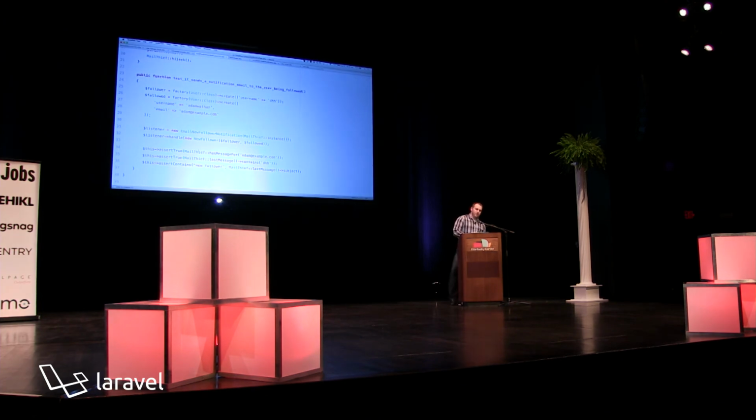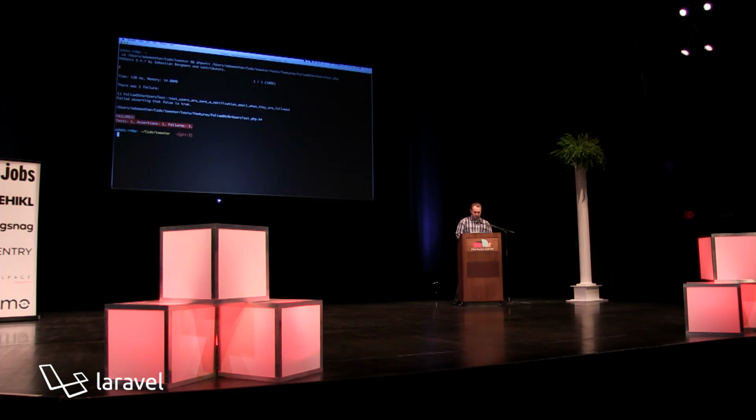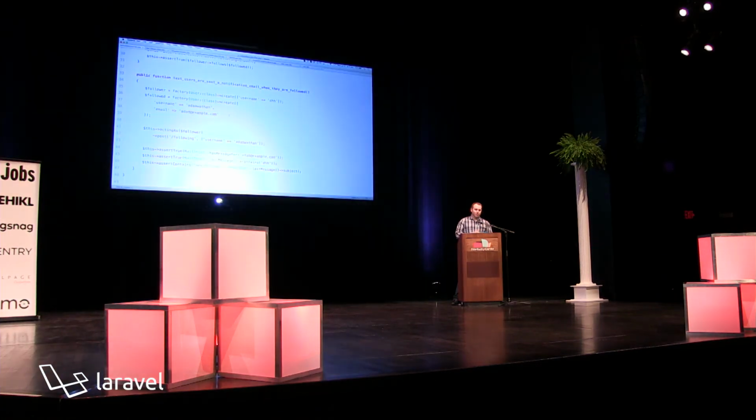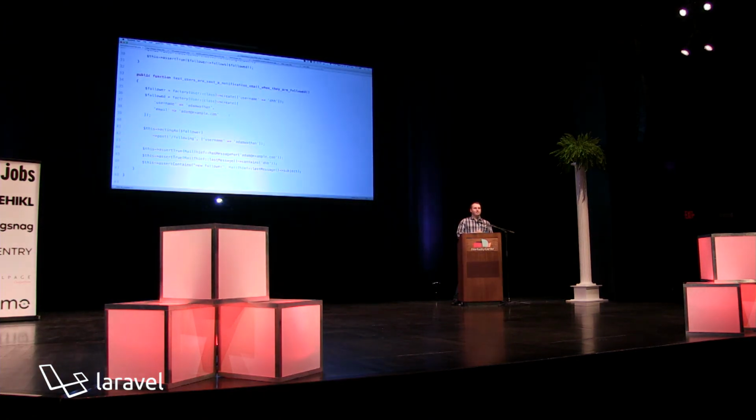If you're not paying close enough attention, you might think, sweet, we're done, everything's good. But if we go back to our follow other users test and run it, we get an error. Why are we not passing this test? This is where the real value of acceptance tests starts to show itself, in my opinion.